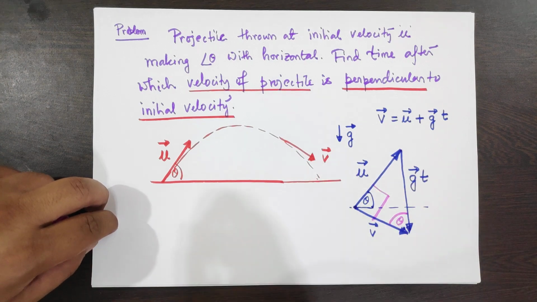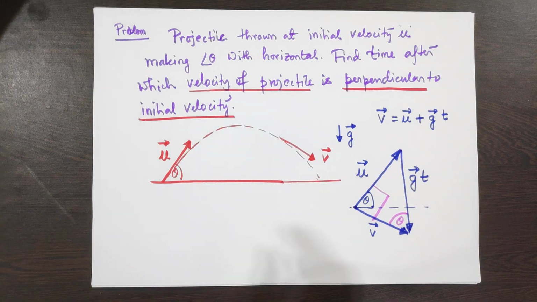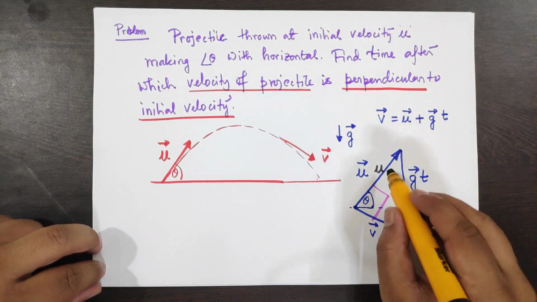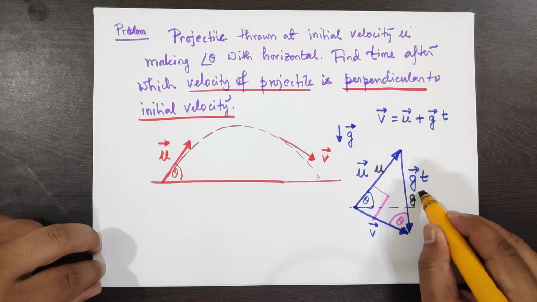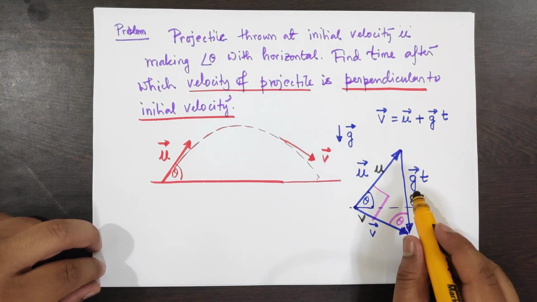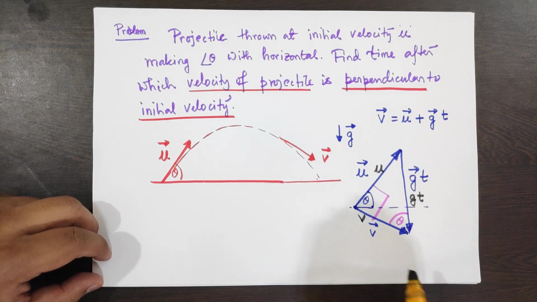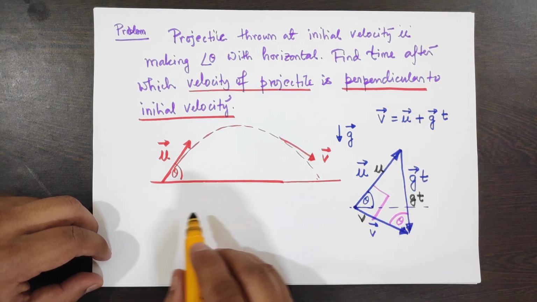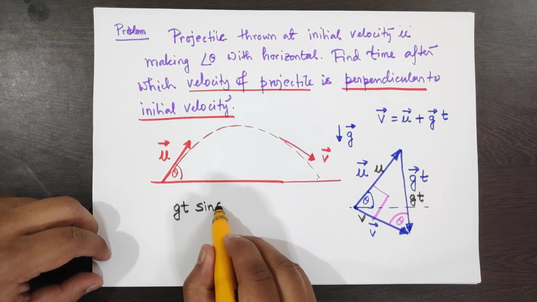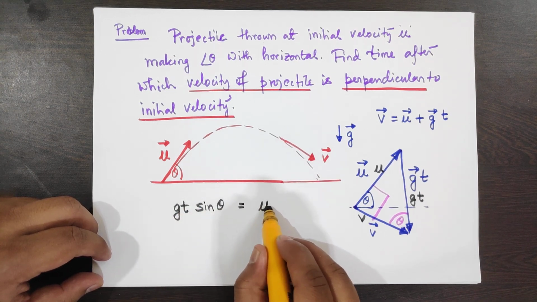And if I write about the magnitudes of the vectors, the magnitude of this is u, the length of this line is u, the length of this line is gt, and the length of this line is v. And this is a right angle triangle, so here you get gt sine theta is equal to u.